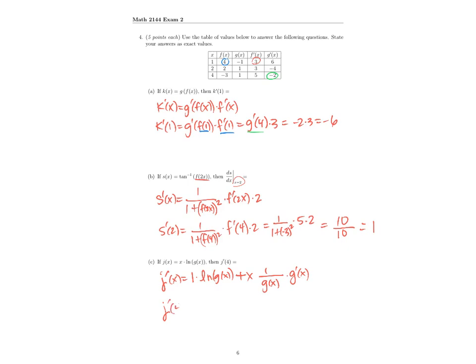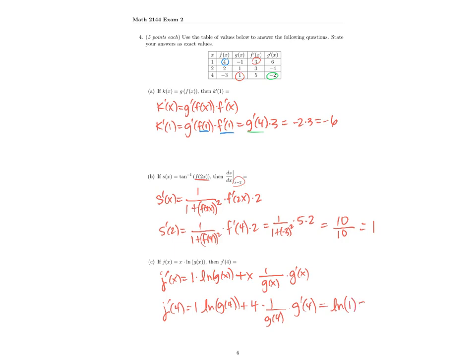j prime of 4 is going to be 1 times natural log of g of 4 plus 4 times 1 over g of 4 times g prime of 4. So I could just look in the table for those values. So it's going to be natural log of, what's g of 4? g of 4 is 1.